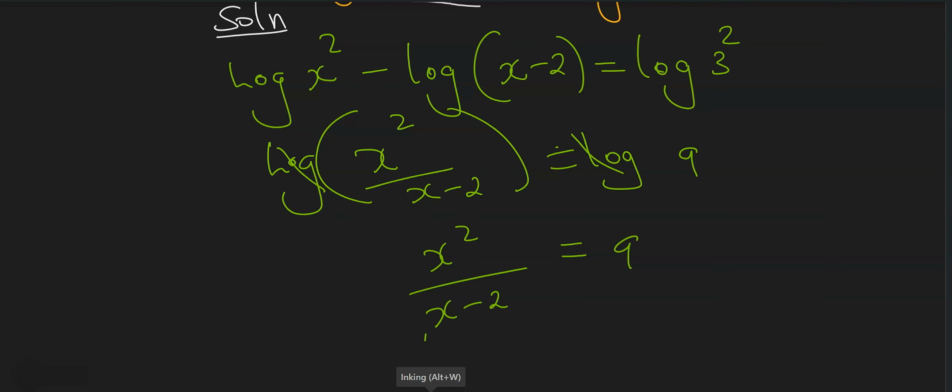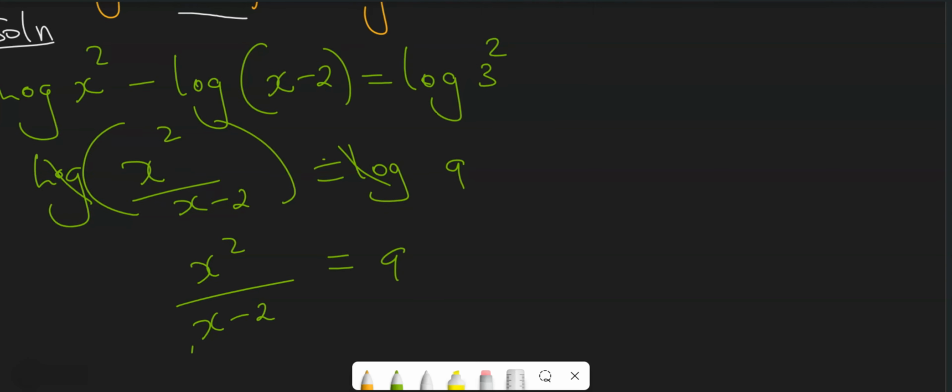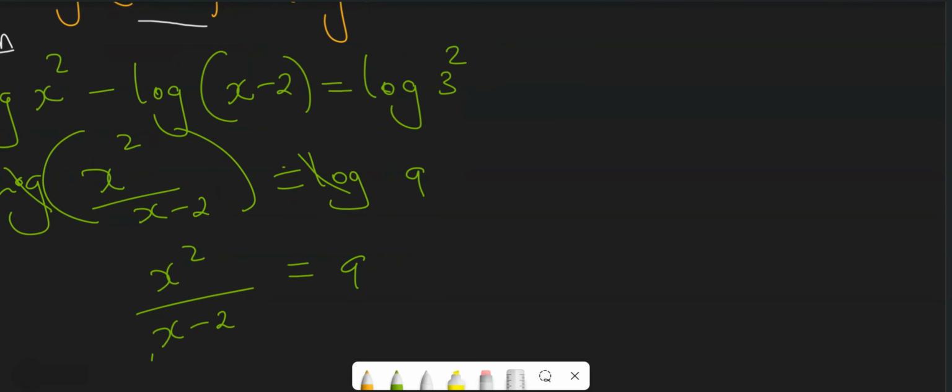So let's try and solve it here. x squared all over x minus 2 equals 9.